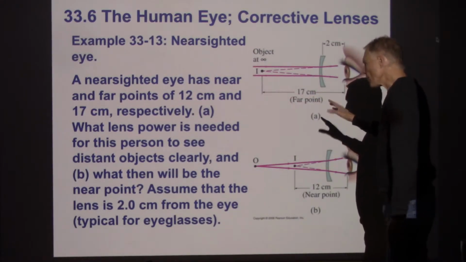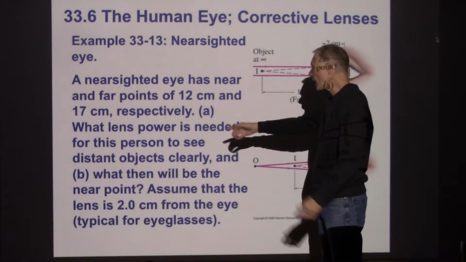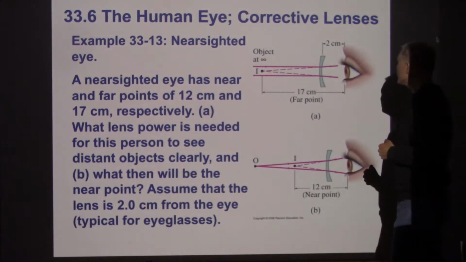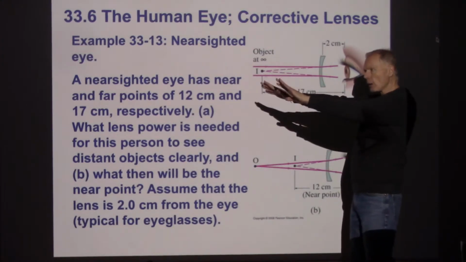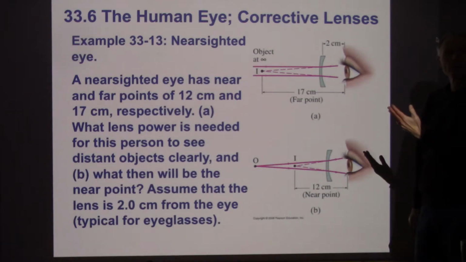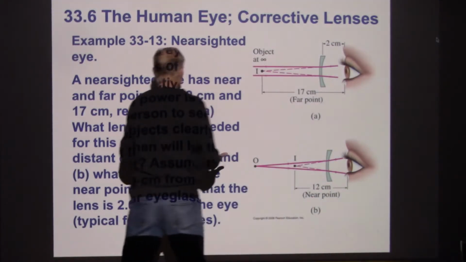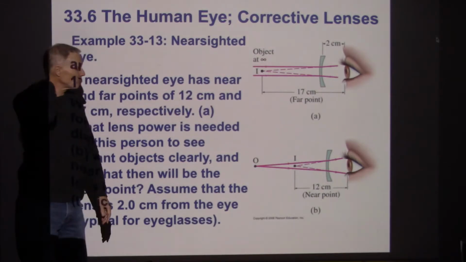Now part B says, when we prescribe and the person has those glasses in place, not only is that going to affect the far point of the person, it's also going to affect how close the person can bring objects. Remember, without the corrective lenses, the person used to be able to bring things as close as 12 centimeters and focus on them.